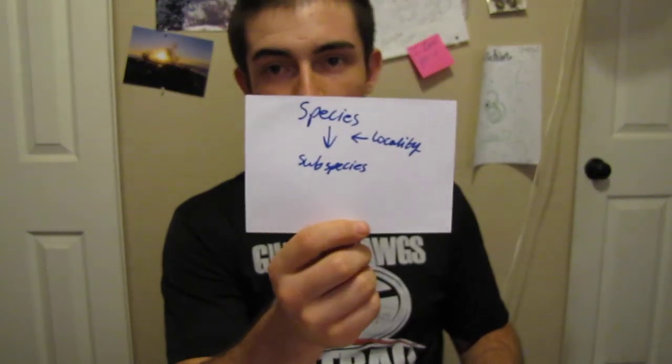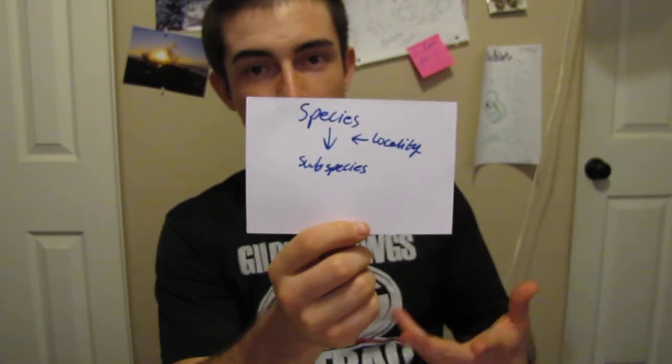So in this video I'm going to be talking about where locality fits into subspecies and species. I'm also trying to frame this information and the video kind of how I did with the distinction between amphibians and reptiles on an evolutionary scale.